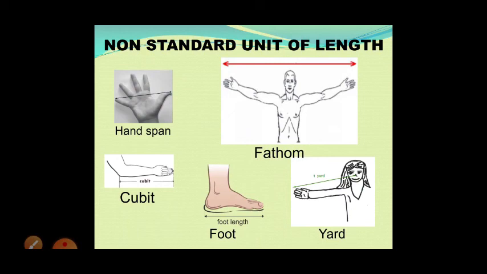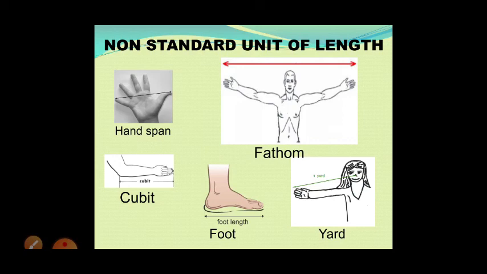But if you observe, it differs from person to person. If you are a child, your handspan is less than the handspan of an adult. Your father's handspan will be bigger than your mother's handspan. It depends on the height and weight of the person.